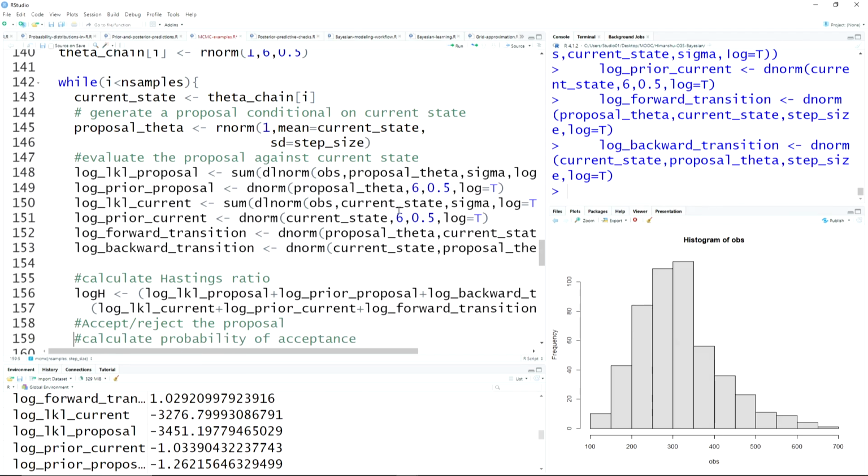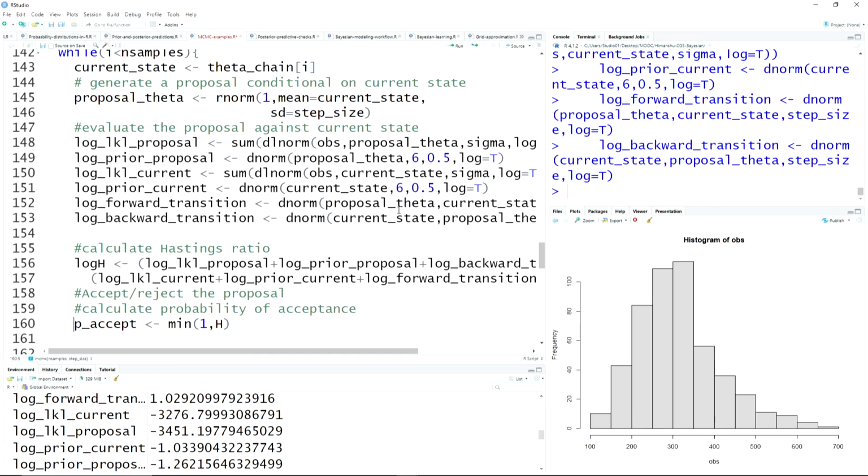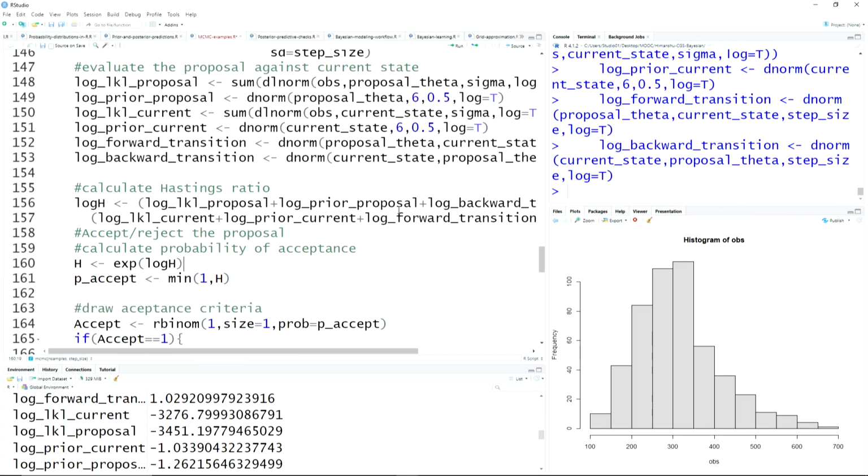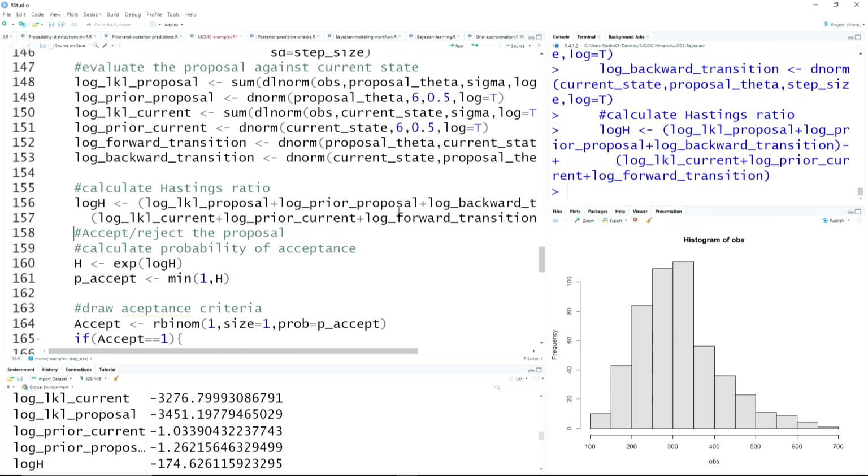Okay, so I now have log h. From log h I can calculate h. So h is, let's say, the exponent of log h. And now I can keep doing the same things in the later part.